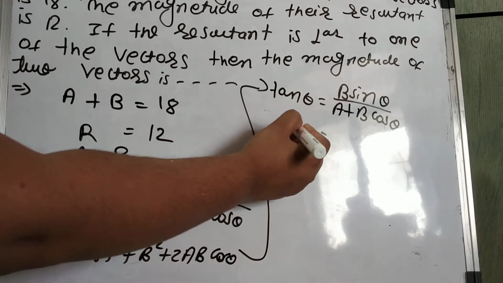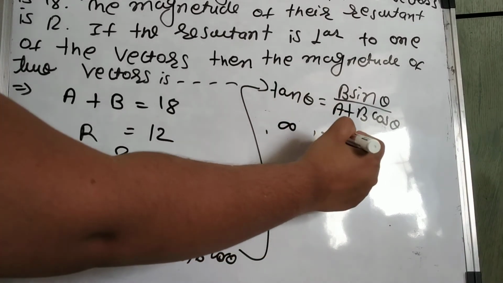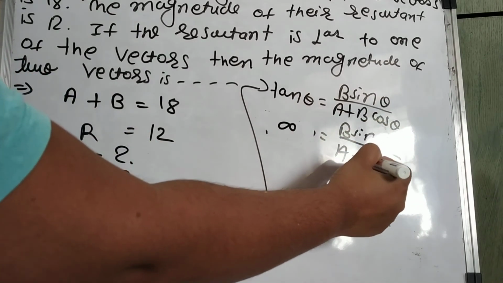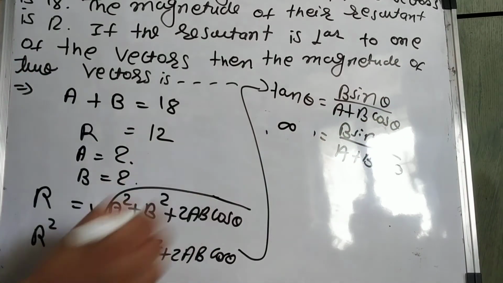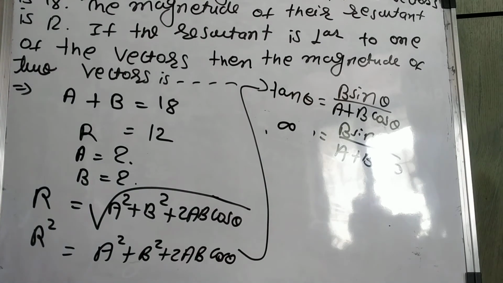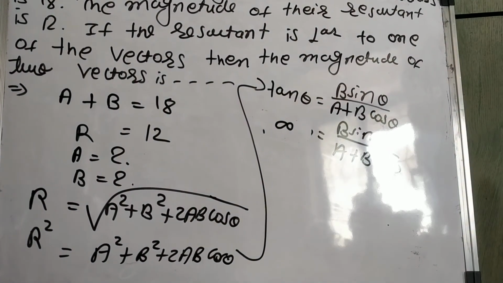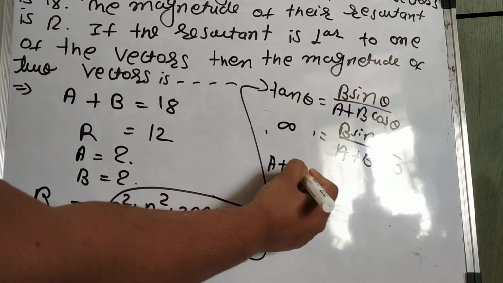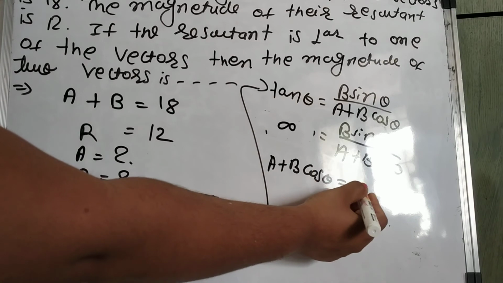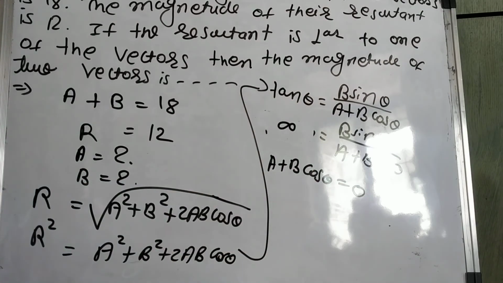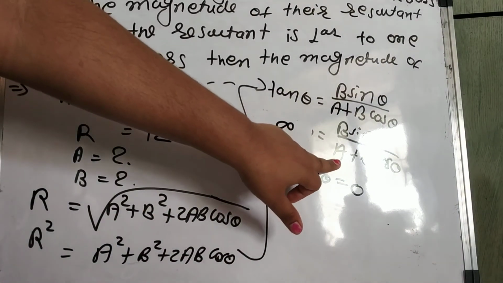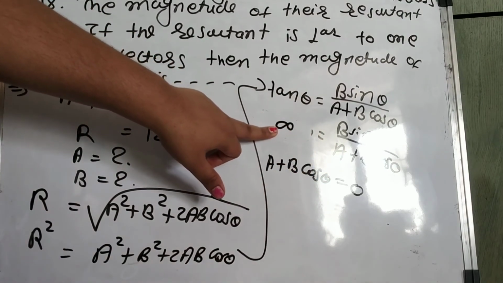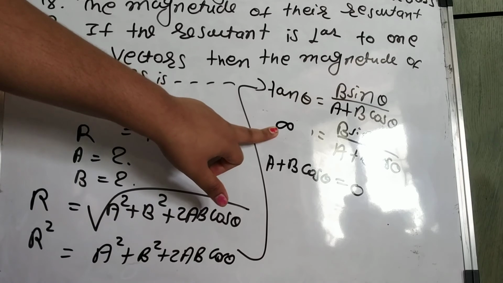Infinity is equal to B sin theta divided by A plus B cos theta. Or it can be written that the denominator A plus B cos theta is equal to 0, then we get infinity.